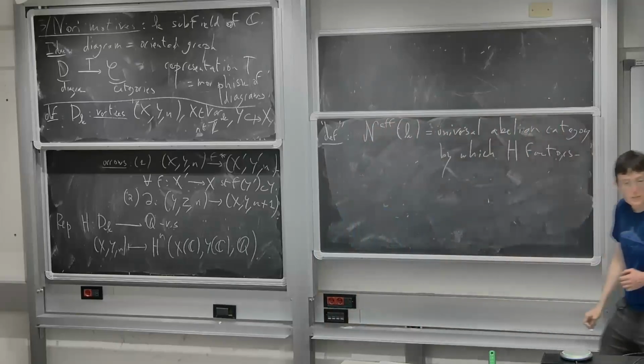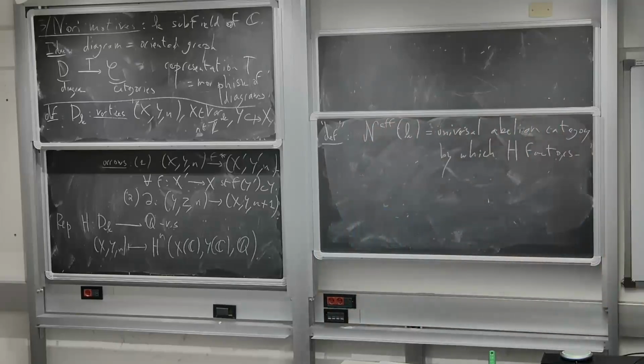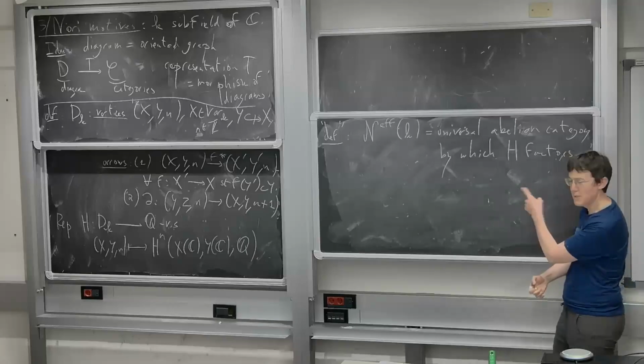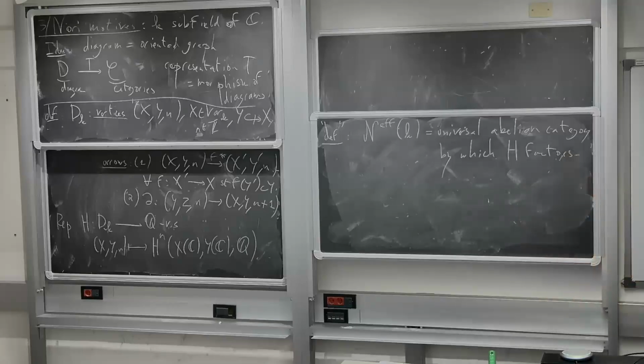So here there is a statement that such a universal abelian category exists. I think Swan talked about that, but I'll come back to it later because it's actually important. But let me proceed a little bit. So this is effective motives.